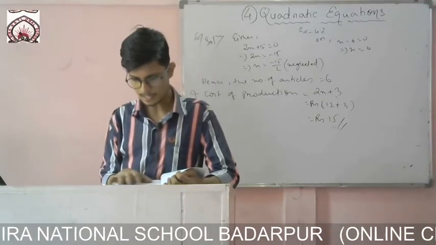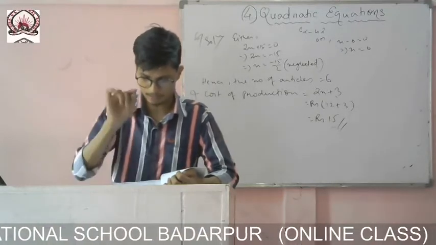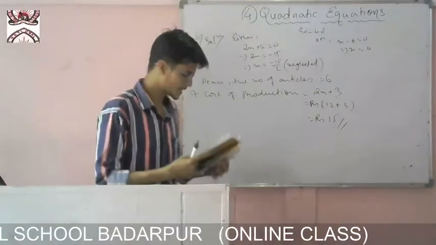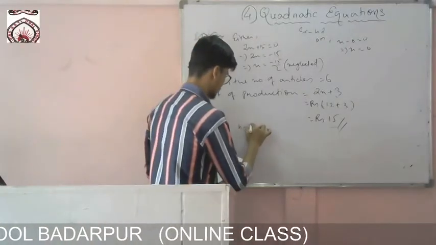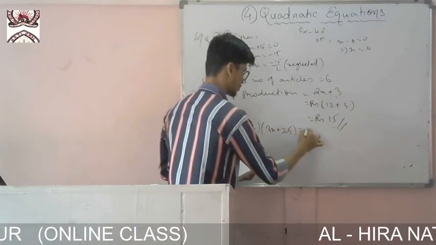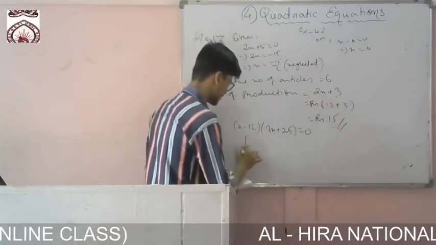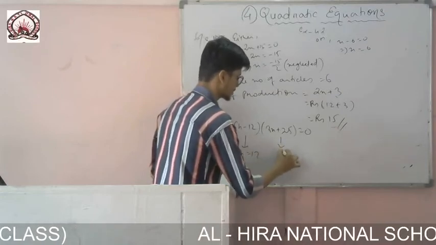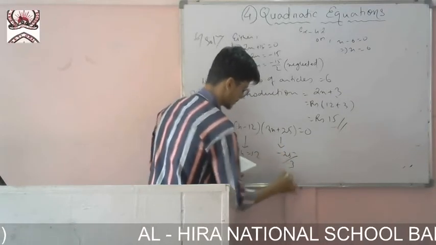After taking the middle term, they got two answers. One is x minus 12, and another one is twice x plus 25 equals 0. So that means either x is equal to 12 or x is equal to minus 25 by 2.